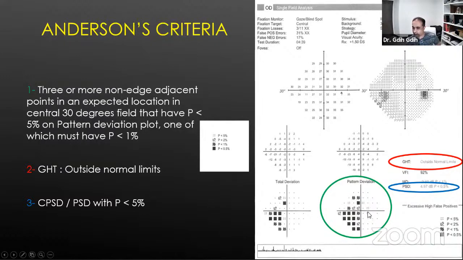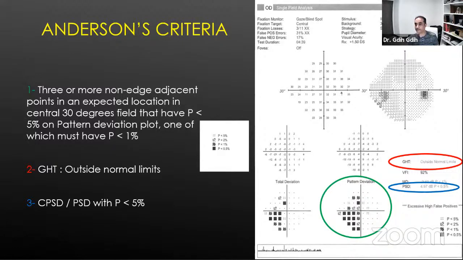Is my cursor clear to you when I'm moving it? Yes. Okay. So these 2 points, even though they are marked as a scotoma here with a p-value of less than 5%, we cannot count them among these points here. Now, all of these points must be less than 5%, which is this one here. Okay, so is this dark one less than 5%?